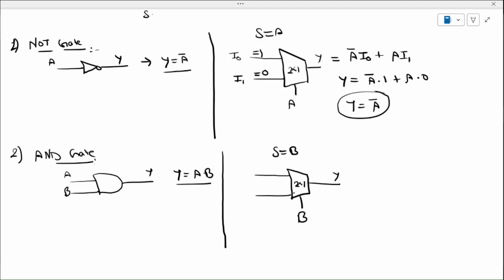Otherwise, if B is 0, then 0 will be transferred at the output. So I0 will become 0 and I1 becomes A. If you write this, when B is 0, that means B bar into 0 plus B into A, Y becomes A.